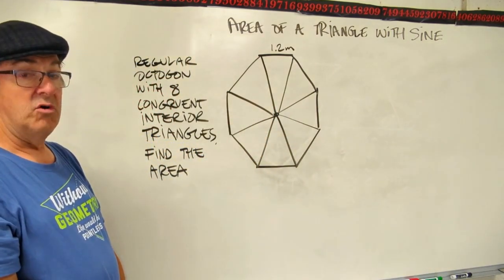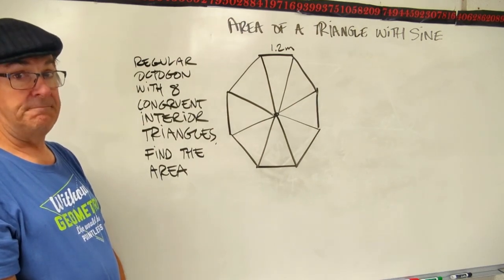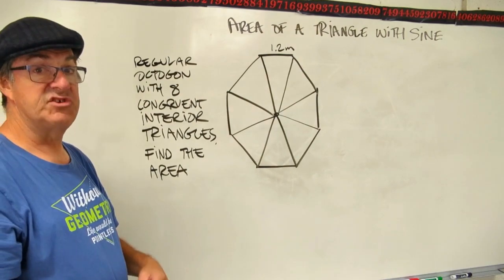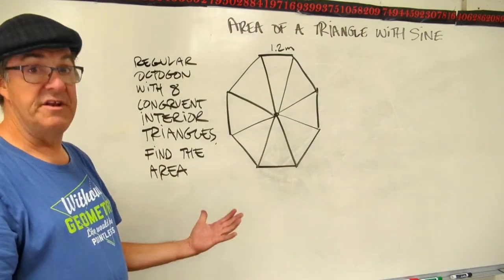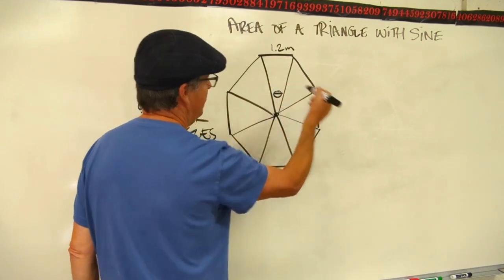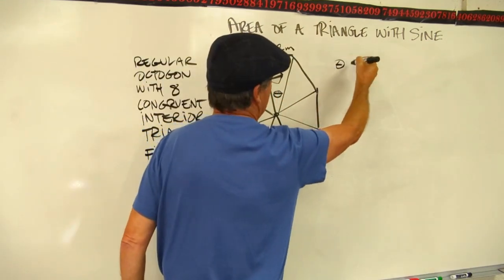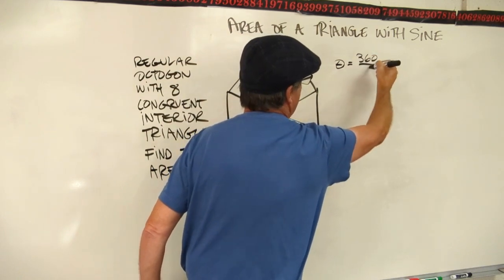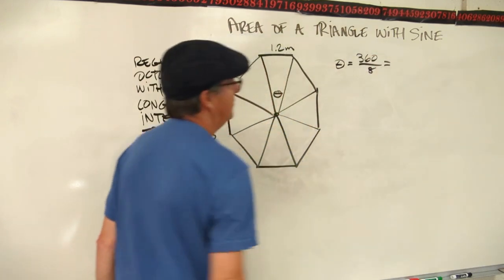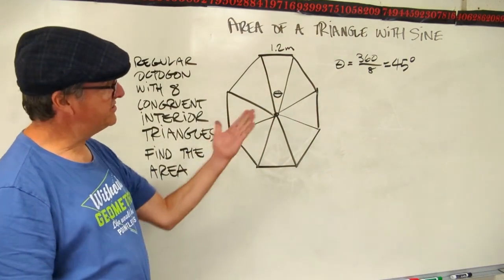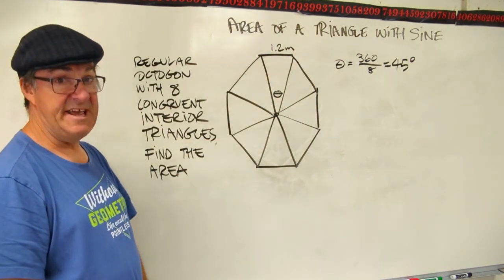We also know that there's 8 of them. So we can use that information to figure out how many degrees are in one of them. So I'm going to label this theta, and theta is going to equal 360 over 8. Okay. So theta is 45 degrees. That's 360 divided by 8.